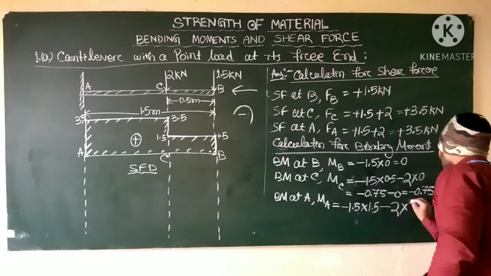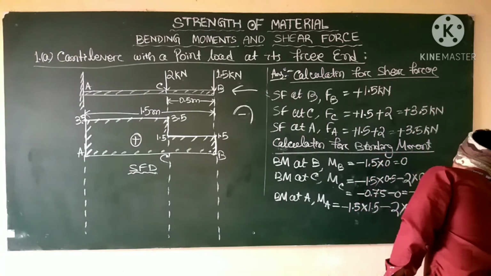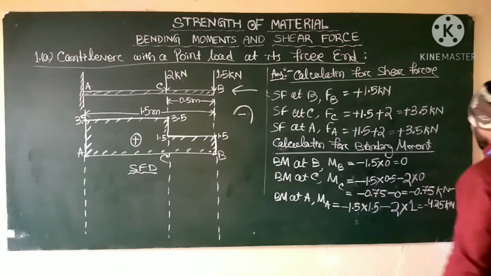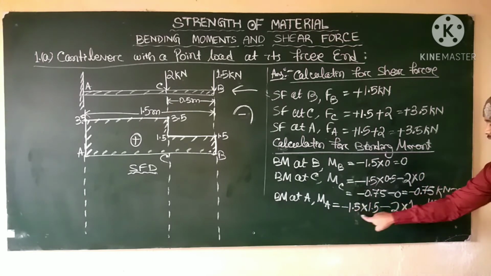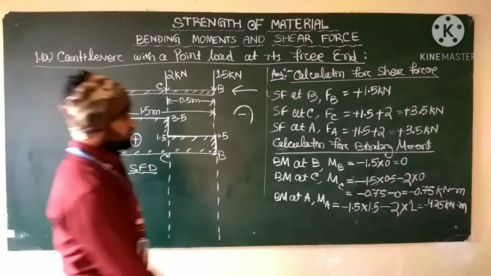So 2 into 1. That is equal to minus 1.5 into 1.5 minus 2 into 1, equal to minus 4.25 kilonewton meter.